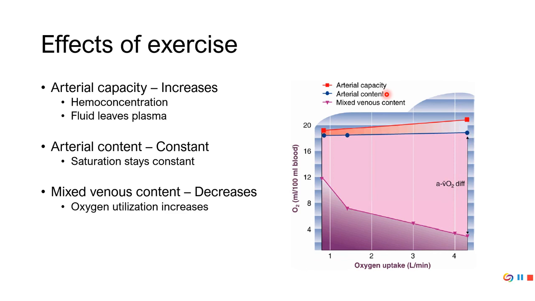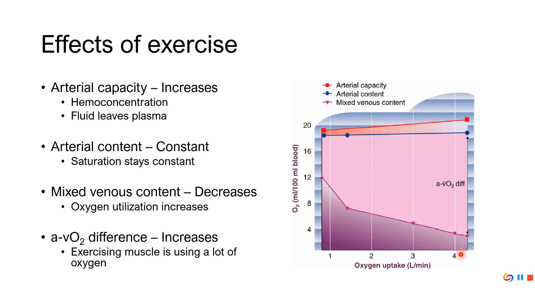The same is true of capacity. This isn't something major. Mixed venous content decreases because we're using more oxygen. On the x-axis here, we've got VO2, and when we're essentially at rest, we're at 1 or even less than 1, whereas max exercise will be getting up to 4, 4.5, 5, depending on size and fitness. And so the AVO2 difference increases because you're using a lot of oxygen as you exercise.